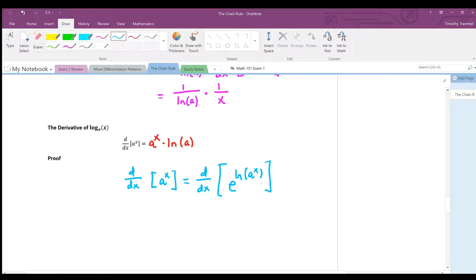Right? e and the natural log are each other's inverses, so e to the natural log of a to the x is just a to the x. So, looking good so far. We have a log property that says we can actually rewrite this a little bit. We can bring this x down in front of the natural log. So we have e to the x times the natural log of a.